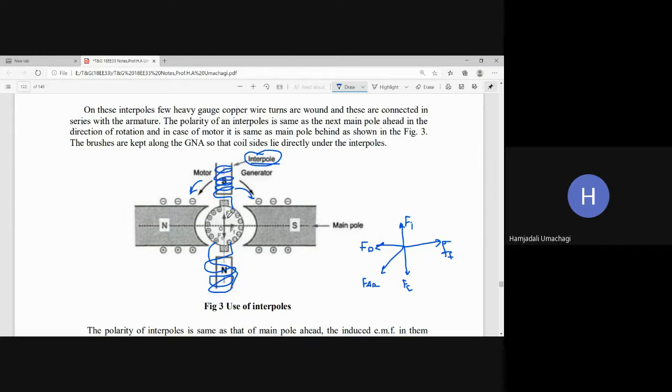So the flux given by the interpole winding and the cross magnetizing component are opposing each other. If the cross magnetizing component is in the downward direction, then the flux given by the interpole winding is in the upward direction. So one will oppose the other. Because of that, your cross magnetizing component will be what? Is it not getting cancelled?